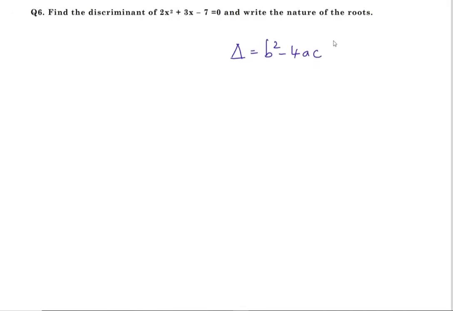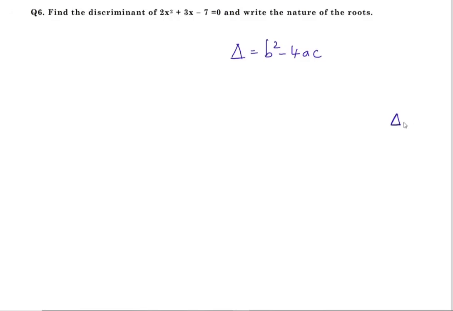Discriminant is given by b square minus 4ac. Do repeat with me. Discriminant delta equals b square minus 4ac.